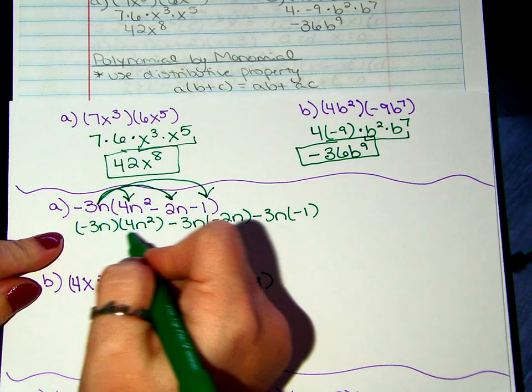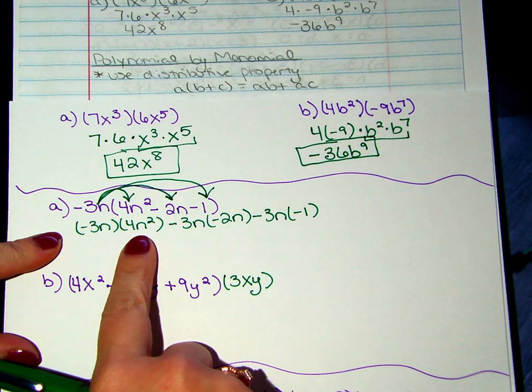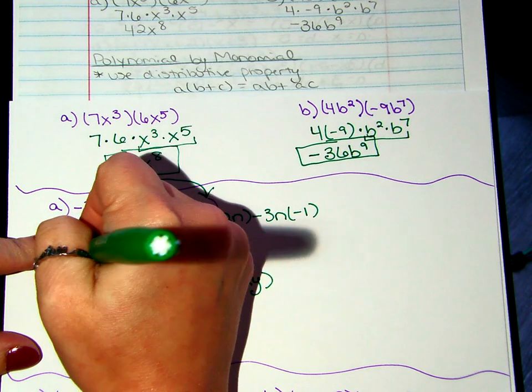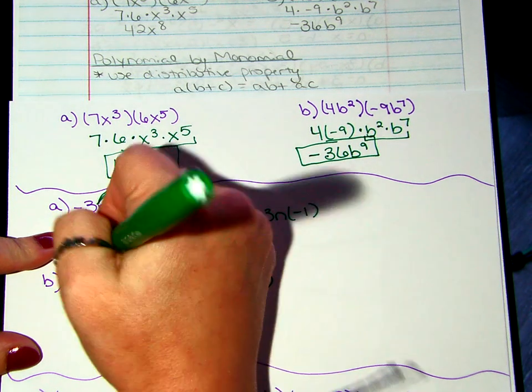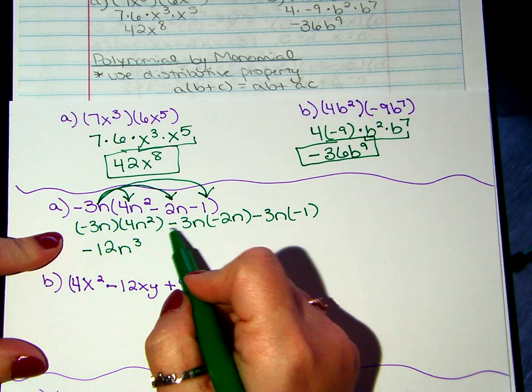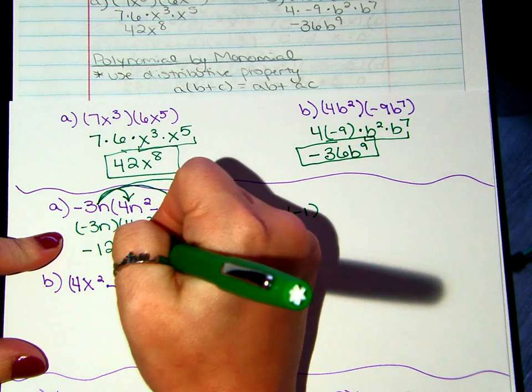So once we've distributed, we just have a whole bunch of monomials times monomials. It's exactly what we did up here. Negative 3 times 4 is a negative 12. N times n squared would give me n to the third. Then I move on to my next term. I have a negative 3 times a negative 2. Negative and negative becomes a positive.